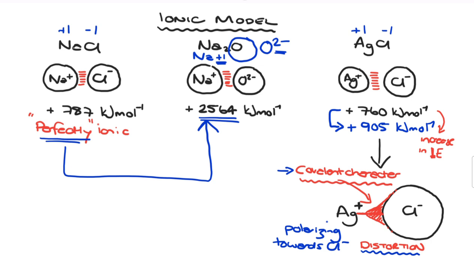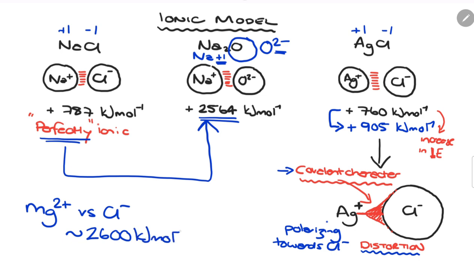So if we were to look at magnesium chloride, which is an Mg2+ versus a Cl-, we would expect to see that much larger than the sodium chloride, in probably a similar ballpark, this time being 2+ to 1- as opposed to +1 to 2-. If we were to take an approximation, something in the region of 2,600, like we saw just above for sodium oxide.